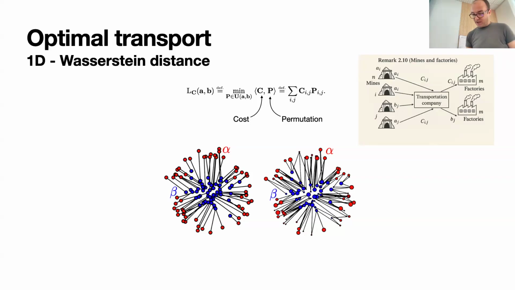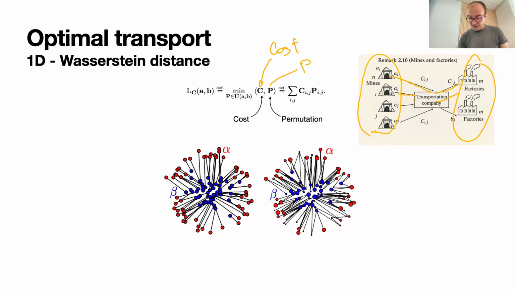As I told you, we have mines and factories, and we would like to transport raw materials from the mines to the factories. We have to take into consideration the transportation cost and the penalty of permutation. This means that it would be easier if the first factory gives it here, the second factory here, so they do not have to distribute to multiple factories, but this is usually not possible.